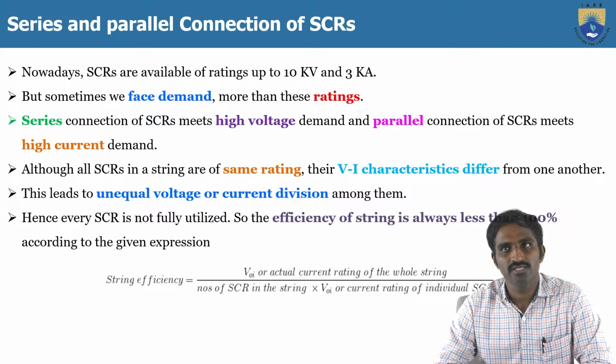Similarly, the parallel connection of the SCRs meets high current demand. So based on the voltage and current rating requirements of a particular application, we connect either in series or parallel.